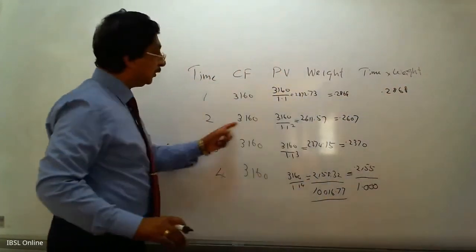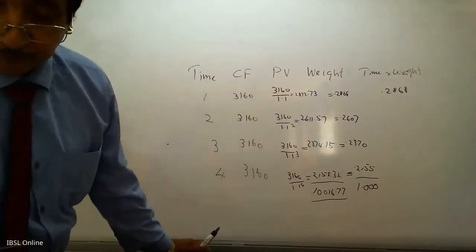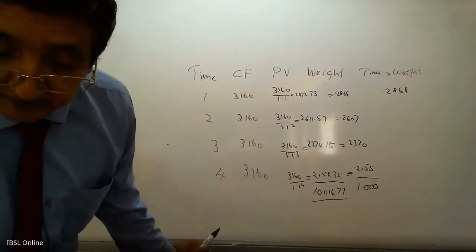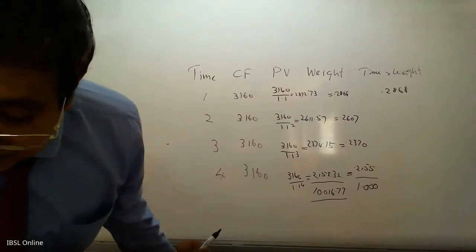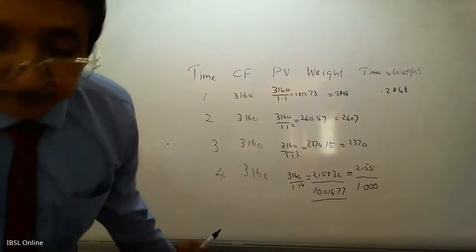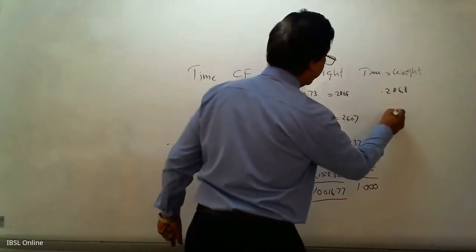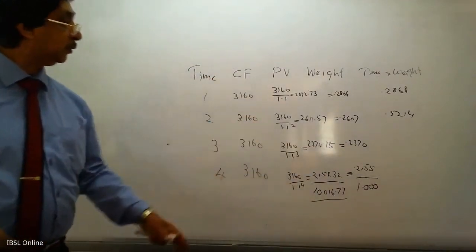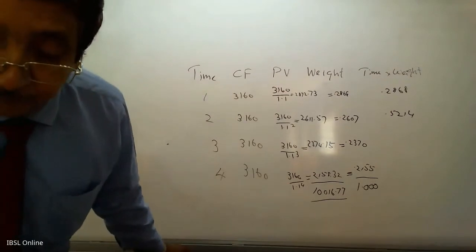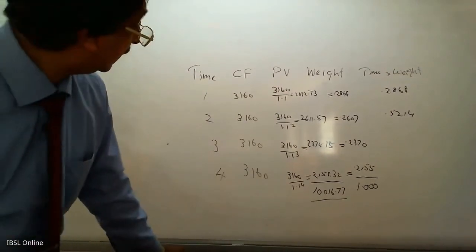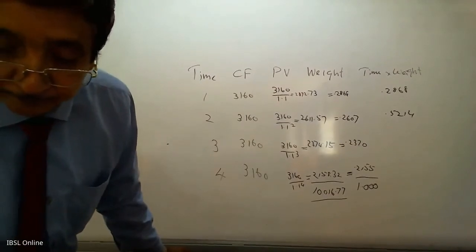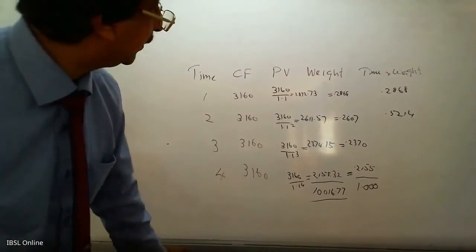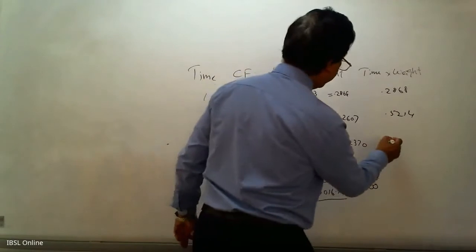Second line you get 2 into 0.2607, that is 0.5214. Then 3 into 0.2370 is 0.711.